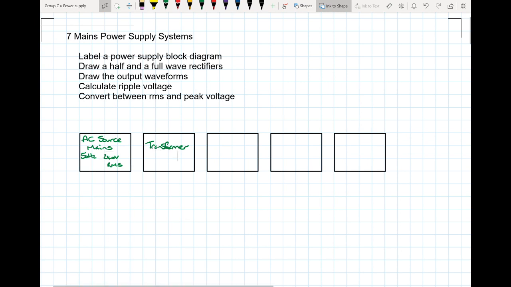I'm not going to go through transformer theory, but primary coils, secondary coils, number of coils in the secondary is obviously going to be less than the ones in the primary to get a step down transformer.